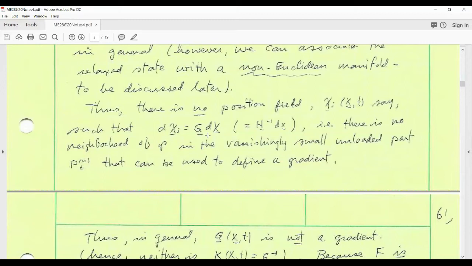But everything has been collapsed down to the scale of one point, or infinitely many points. So there's no neighborhood in which you can define a gradient. So that means this G is not the gradient of anything, and neither is the H inverse the gradient.